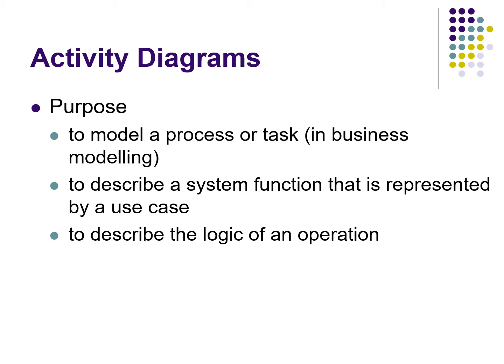It is used to describe a system function that is represented by a use case. So based on your use case diagram, for each use case that you identify, you will come up with an activity diagram, meaning that if you have 5 use cases, you'll have 5 activity diagrams.